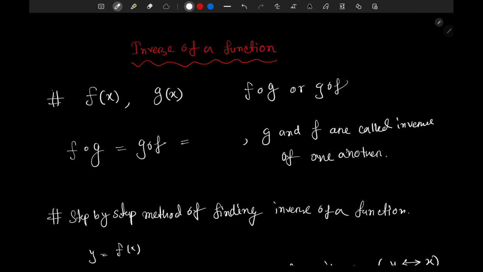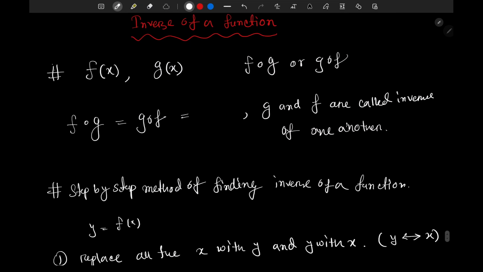So let's say you have two functions, f of x and g of x. As you can see, I've written it down over here. And let's say you take the function compositions f of g or g of f, and whenever you evaluate these two compositions, in both cases they're equal, and it turns out the function composition is nothing but x itself.